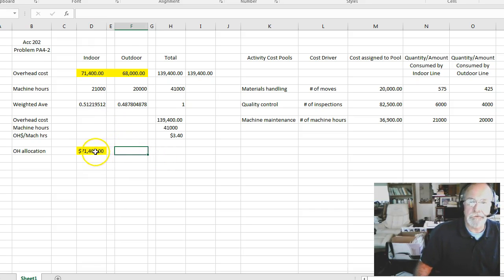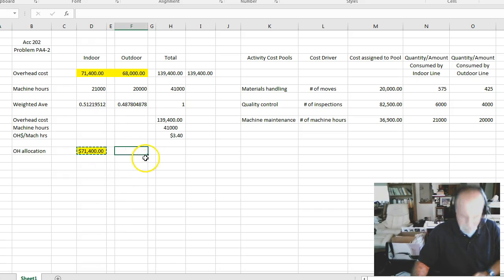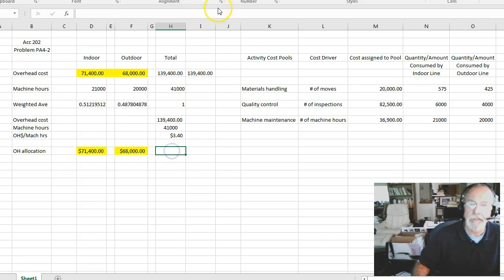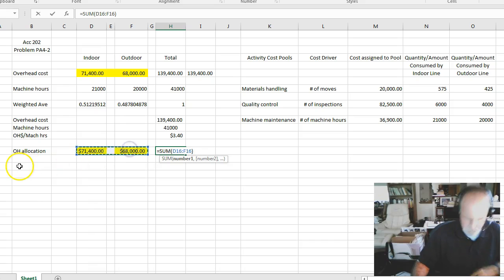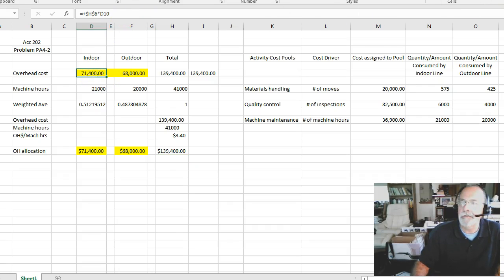And we could use the same formula. We want to make this a constant here. We could use the same formula for the outdoor product, 68,000. And again, we would just want to show that the total of the two is our total. So it doesn't matter.